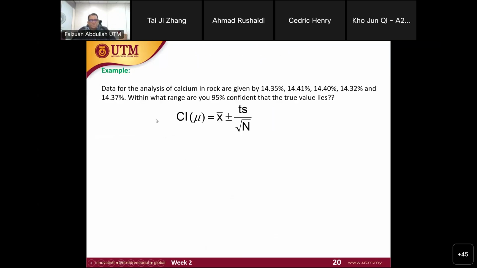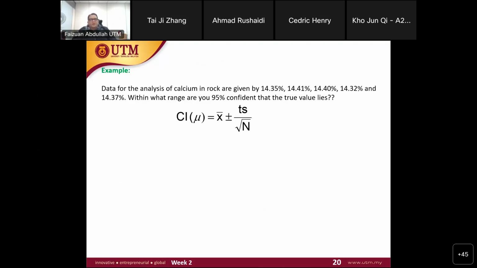Example: data for the analysis of calcium in rock are given as 14.35%, 14.41%, 14.40%, 14.32%, and also 14.37%.